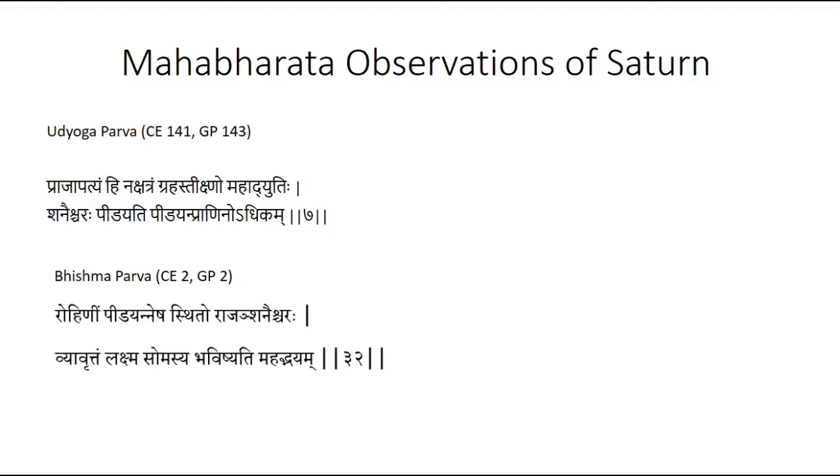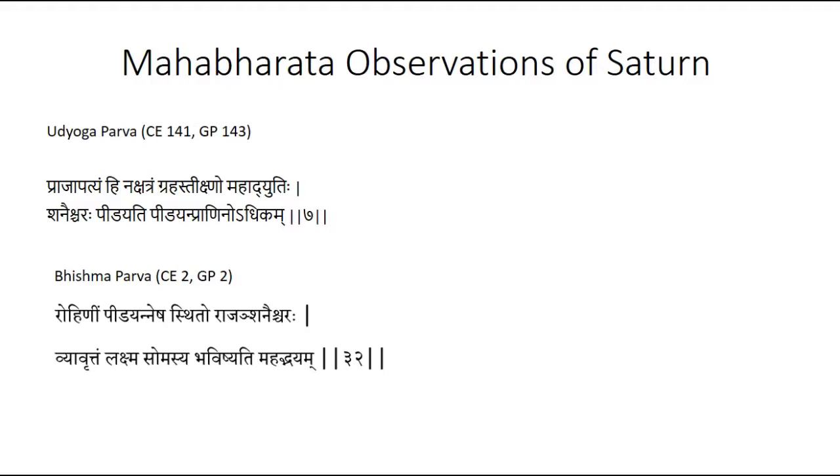So in this case, nakshatra is identified by its name, Rohini, and it is stating that planet Saturn is afflicting Rohini. Now the good thing about planet Saturn is it is the slowest moving visible planet in our solar system. By visible, I mean visible to the naked eye.